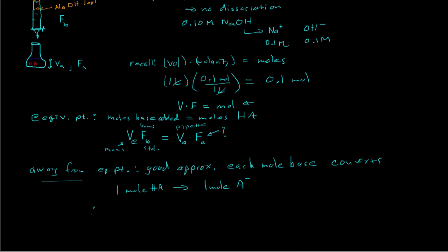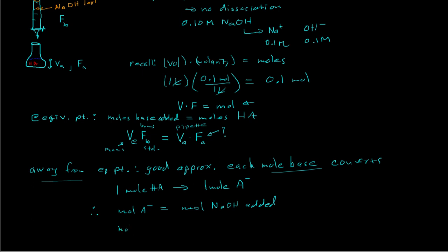So what can we conclude? We can conclude that moles of our A- will equal the moles of sodium hydroxide that we added, right? Because each mole of sodium hydroxide that we add converts 1 mole of the acid into 1 mole of A-. So the moles of A- will equal the moles of sodium hydroxide that we've added.